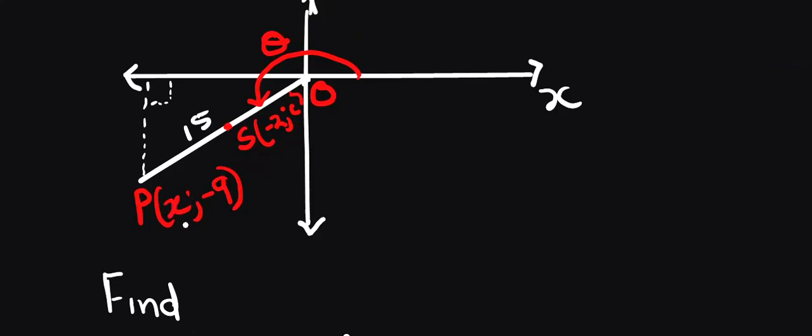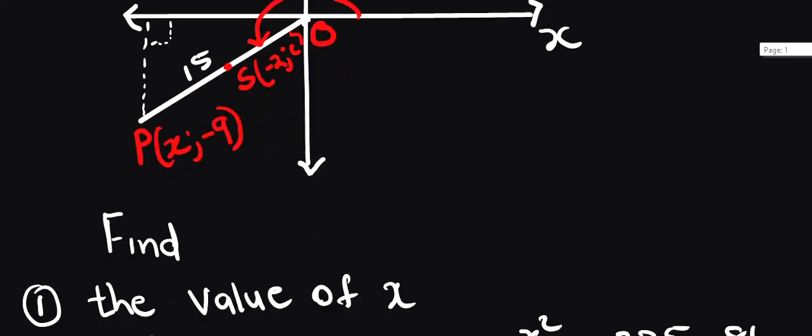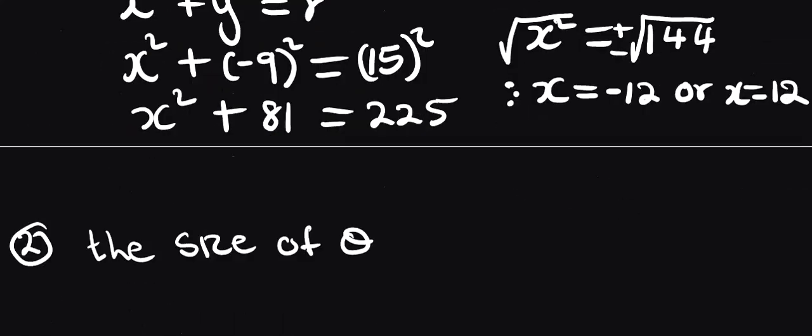The value of x is in the third quadrant. And we know that in the third quadrant, x is negative. Therefore, the final answer here is x is equal to negative 12, since x is negative in the third quadrant.